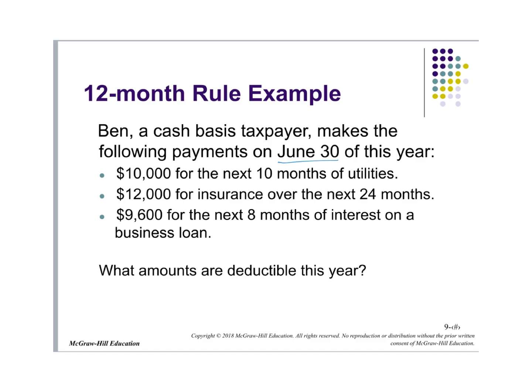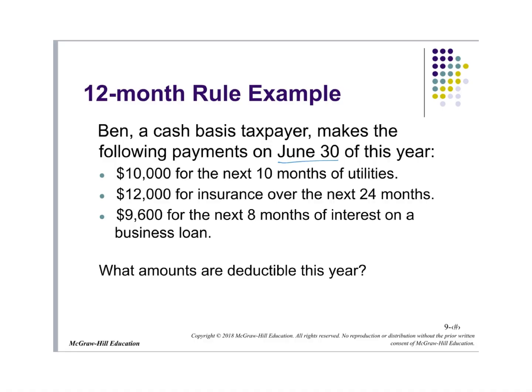So he pays $10,000 for the next 10 months of utilities. He pays $12,000 for insurance over the next 24 months. And he pays $9,600 for the next 8 months of interest on a business loan.